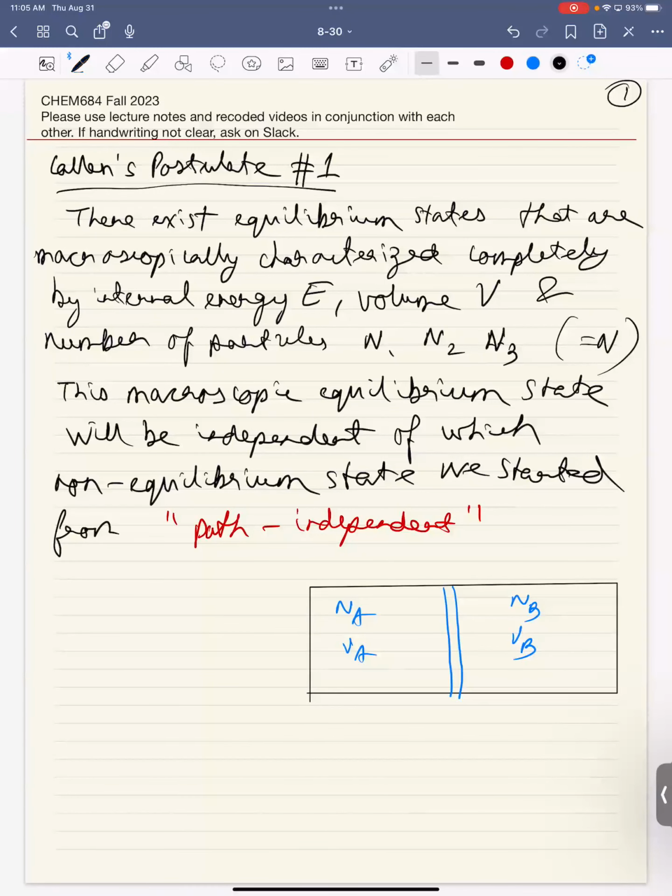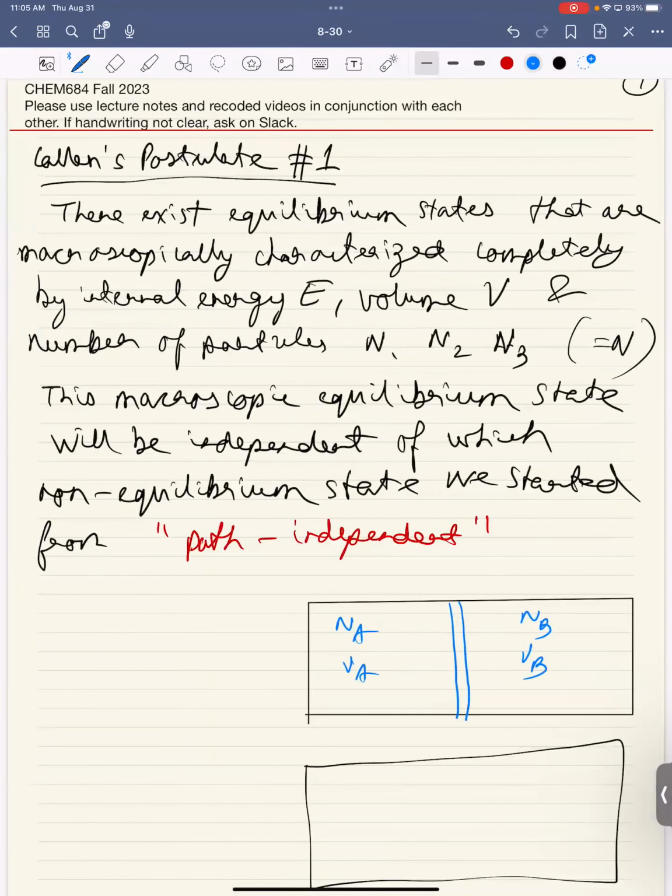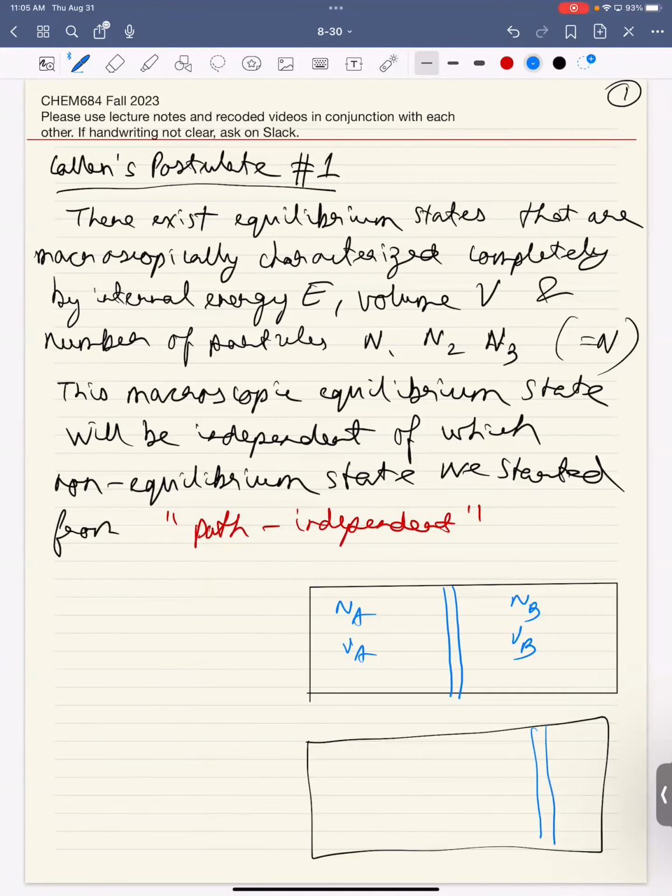We could have put this constraint, the same system, but we started the constraint from somewhere here on the right, okay? So it's a different starting point. And now we allow the constraint to move to the left and right. Once you establish pressure, do you expect it will make a difference? It won't, right? If you truly allow mass to exchange, energy to exchange, and what was the third one? The volume to change. It does not matter where you started, right?